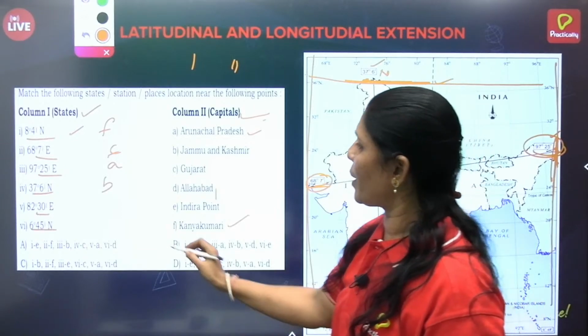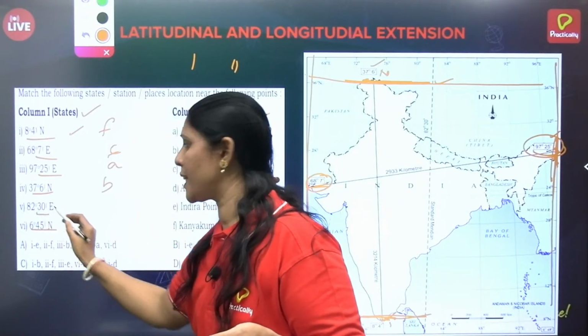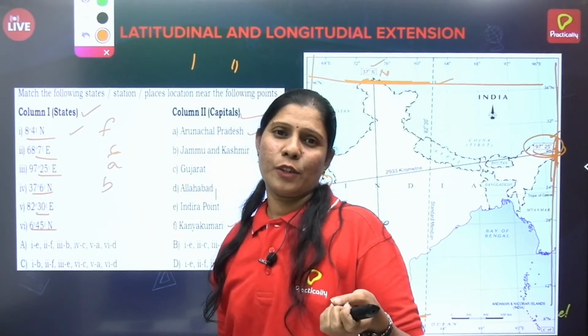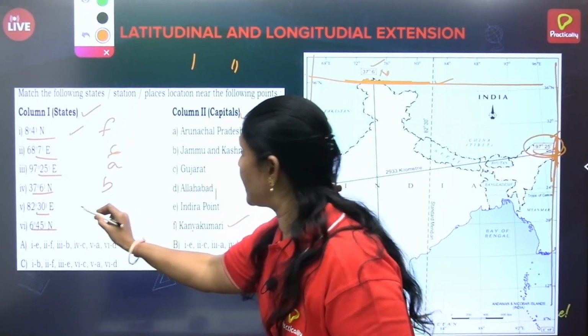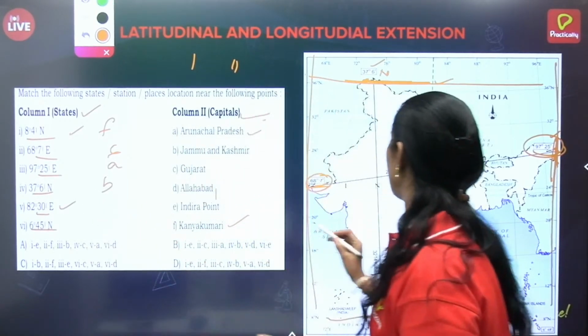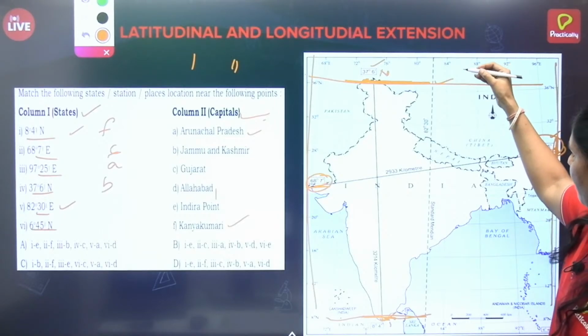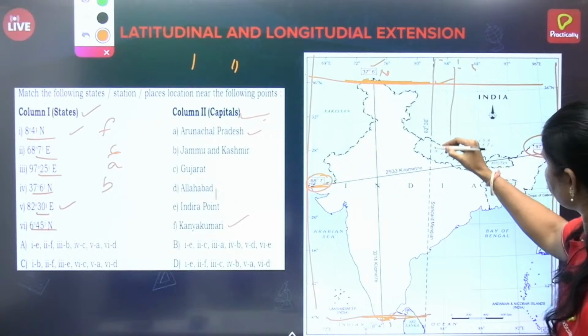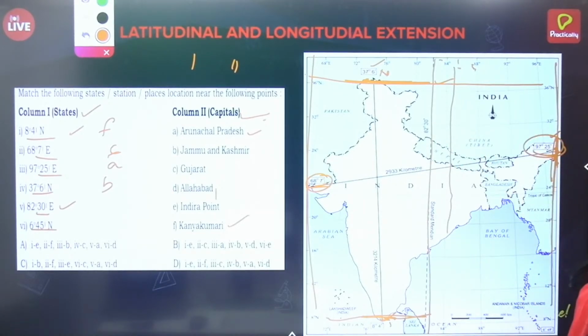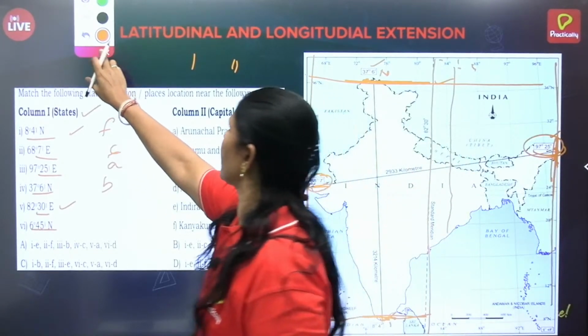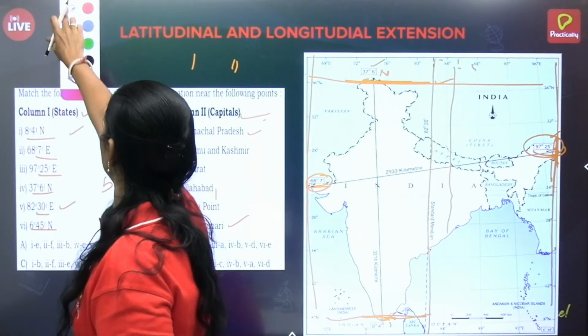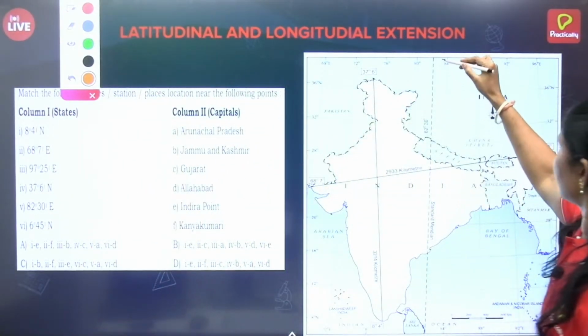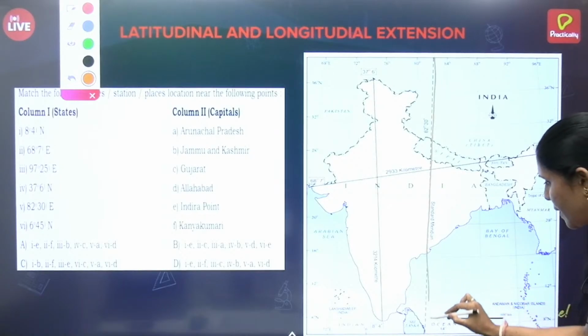Yes. Next, coming to 82 degrees 30 minutes, the longitude we see exactly here. Okay, so we call it, yes, you can see over this place.